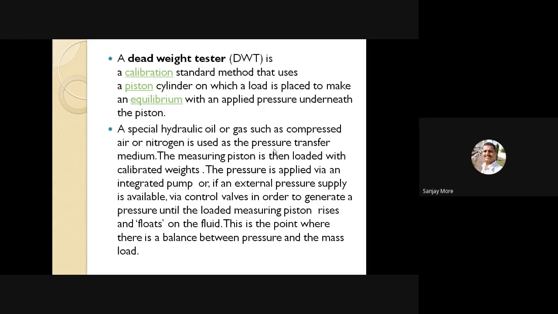This is the point where there is a balance between pressure and mass load.